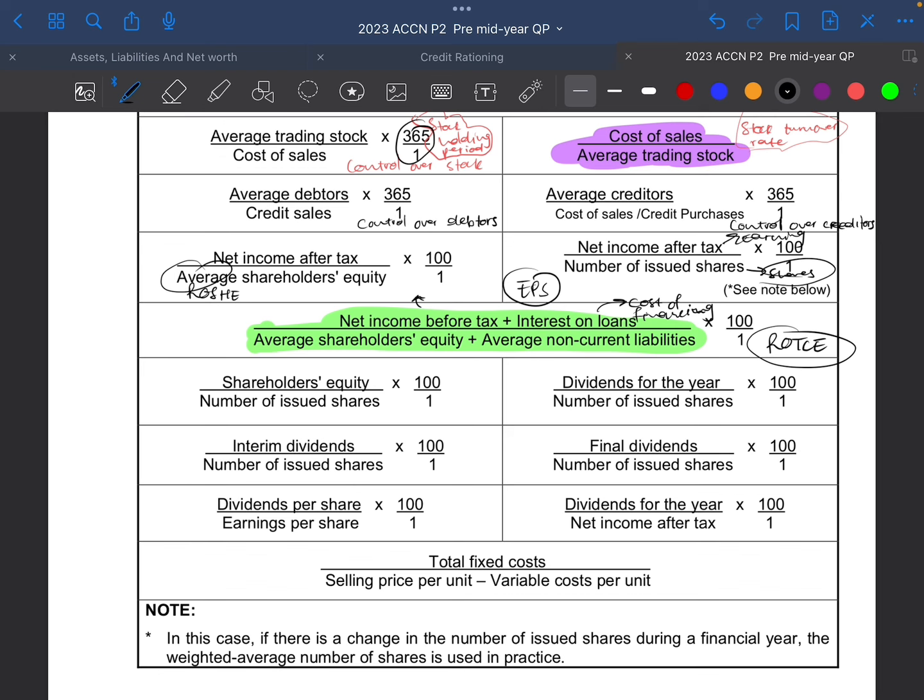It reduces our return, so that's why we remove tax, and then we use our net income before tax. So these are the earnings before tax. And then we have average shareholders' equity. That's what your shareholders have on average. And then you have your average non-current liabilities, which are your loans.